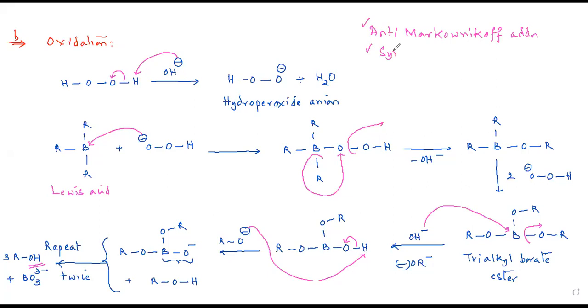Then the stereochemistry is, of course, syn addition. Within the anti-Markovnikov addition or overall, I can also give you one more point. The thing what we have added, hydrogen is from BH3 and the OH group is from H2O2. That's it. Final.